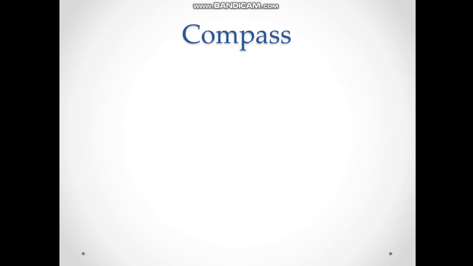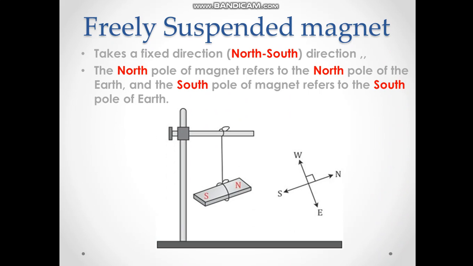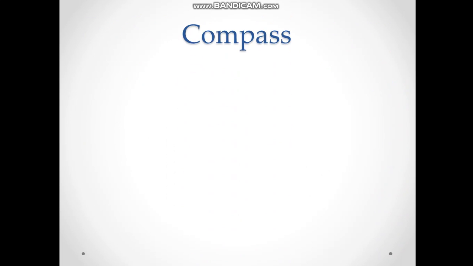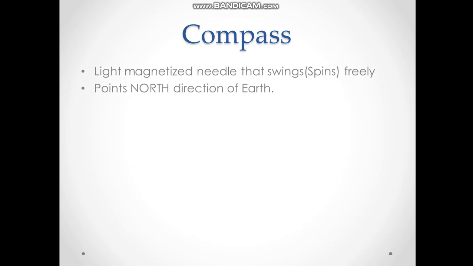By this rule, which says a freely suspended magnet takes a fixed direction, the north-south direction, scientists made the compass. A compass is composed of a light magnetized needle, which swings or spins freely.